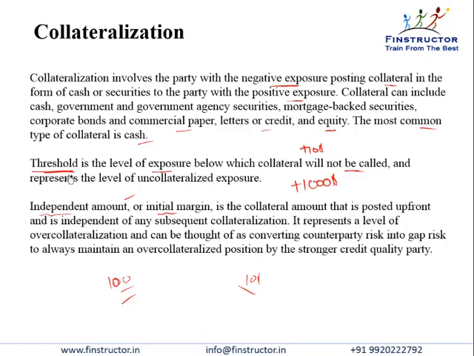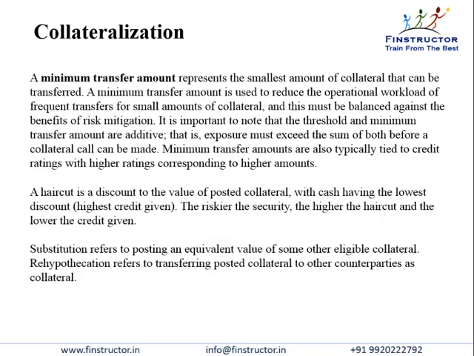So we studied threshold, we studied the independent amount. Minimum transfer amount represents the smallest amount of collateral that can be transferred. So let's assume our threshold was $1,000. That is, whenever the profit goes above $1,000, collateral has to be posted. Now, if it becomes 1,001, a $1 collateral will not be asked for.